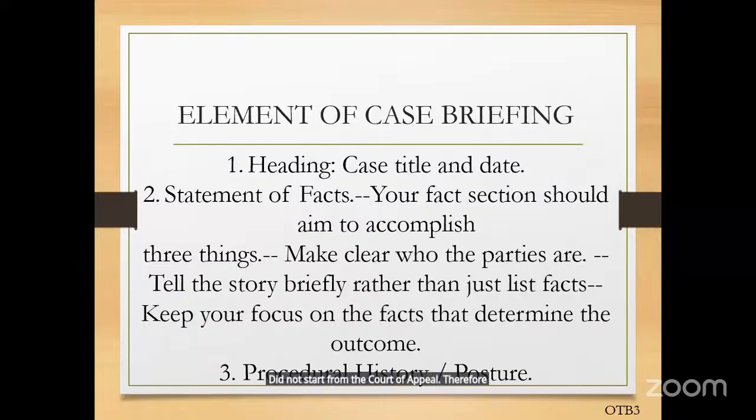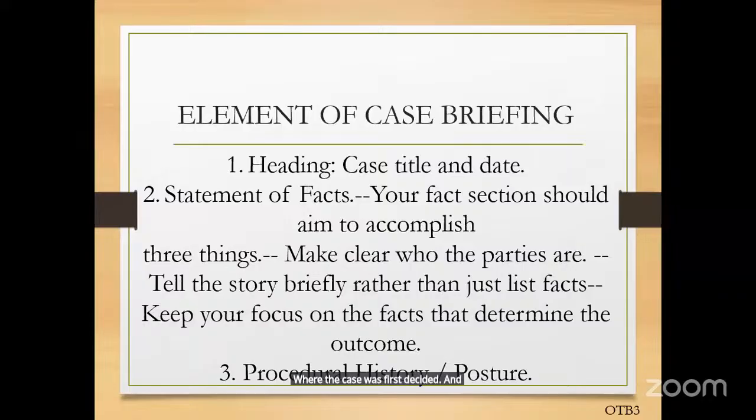Therefore, there is need to have a history of how the case traveled up to the Court of Appeal, meaning that you need to identify the lower court where the case was first decided.